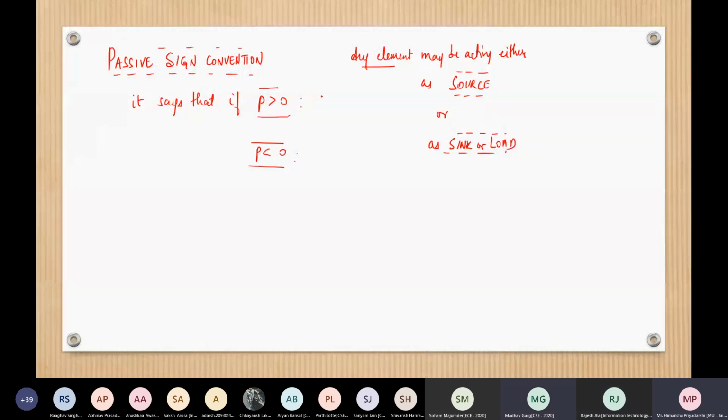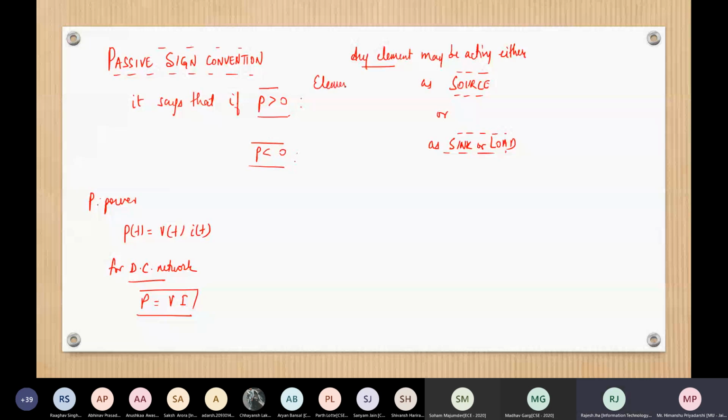P is power, and power in its most elementary way is V into I, and for DC networks you can write P is equal to V into I. It says that if P is greater than 0, the element is passive. If it is less than 0, the element is active.